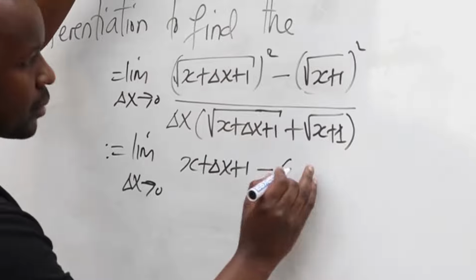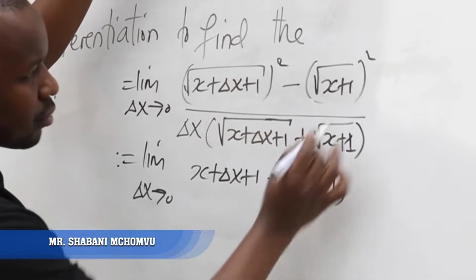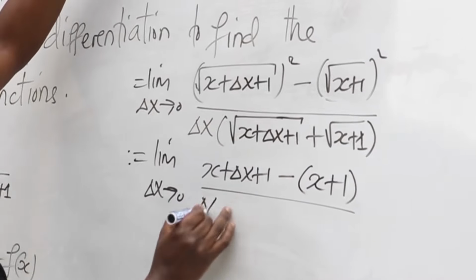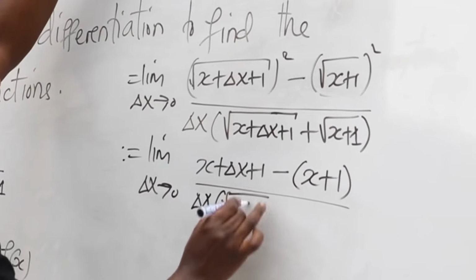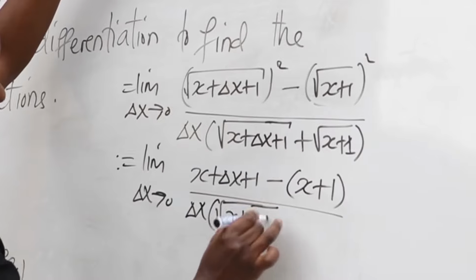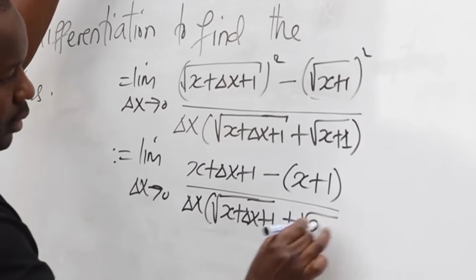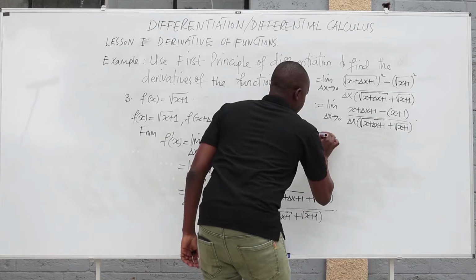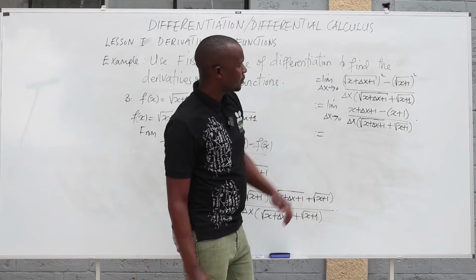So we introduce the bracket, then x plus 1, because this cancels out with that one. Then over change in x, then the radical of x plus change in x plus 1, plus the radical of x plus 1. Now we can open the bracket and operate the like terms.